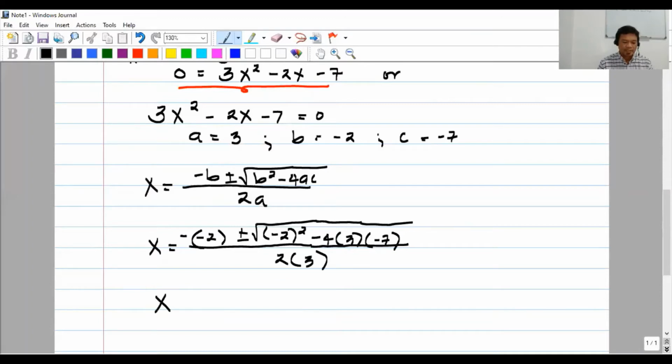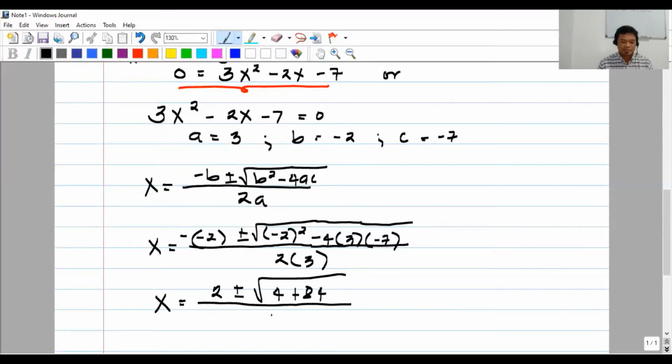So x is equal to negative times negative 2 is positive 2, plus minus the square root of the square of negative 2, which is positive 4. Negative 4 times 3 is negative 12, times negative 7 is positive 84.